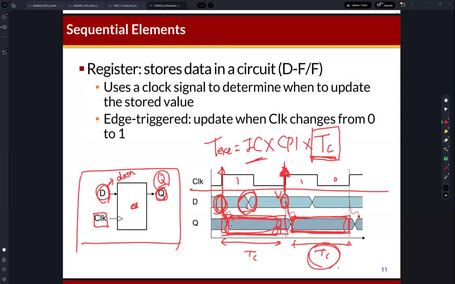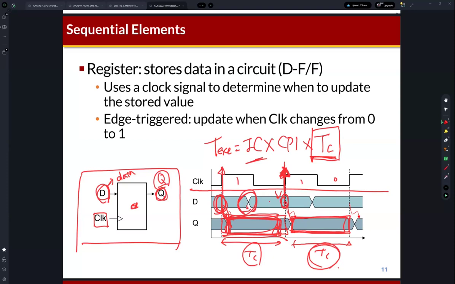This value is only reflected to Q during this clock period, and this operation is repeated. So this is the behavior of the D flip-flop, and we use these D flip-flops for implementing digital systems.